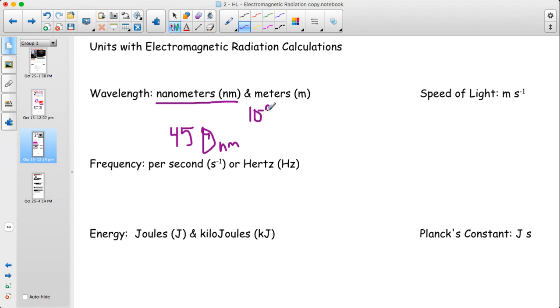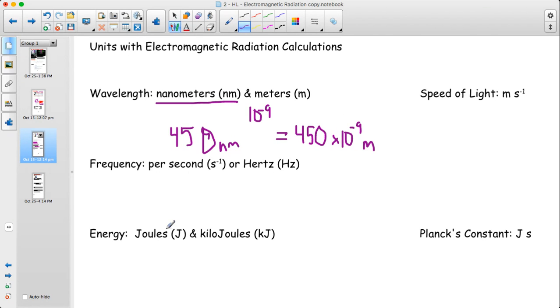So if you're going to write it in meters without thinking too hard about the conversion, you can just write 450 times 10 to the minus 9, and now you've written the same length in meters. So 450 nanometers is 450 times 10 to the minus 9 meters. The nano, the little n, basically means times 10 to the minus 9.